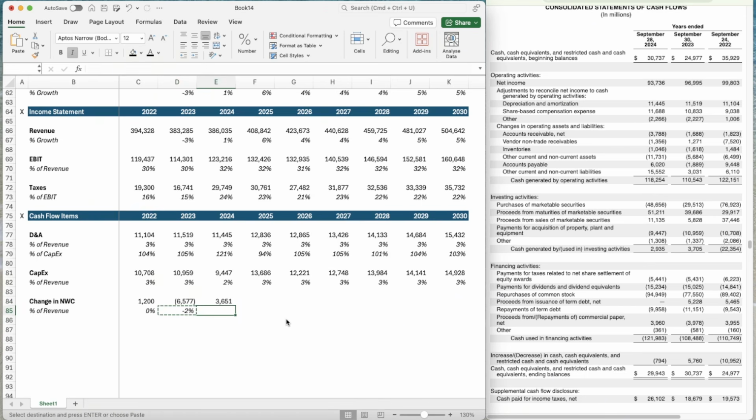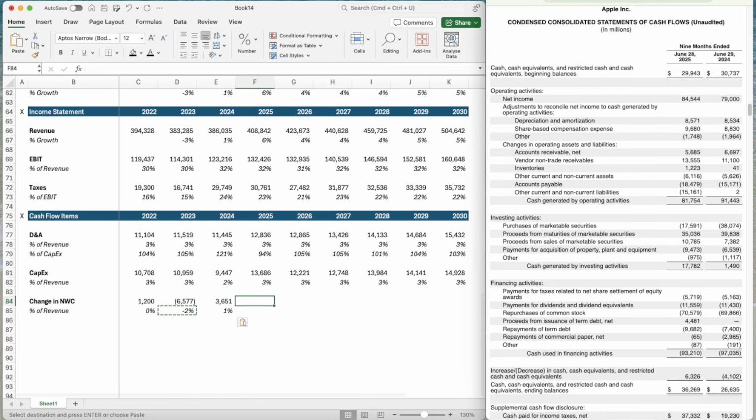So this seems to change from year to year for Apple. Generally, when it's negative, it means that Apple has favorable terms with their suppliers, also that they're almost getting paid before they deliver the product or have to pay for the product. With this one, we'll just sum it together.